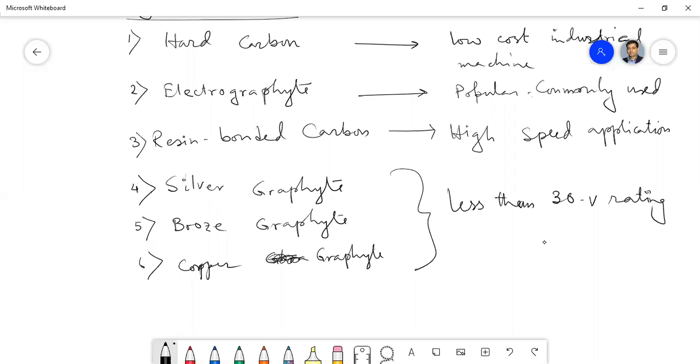Now this silver graphite is a popular choice when we want to suppress radio frequency interference, because during the commutation process we face some radio frequency interference due to chattering. So if we use the silver graphite brush, we can suppress the radio frequency interference.